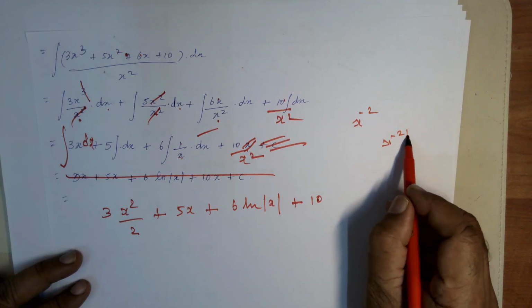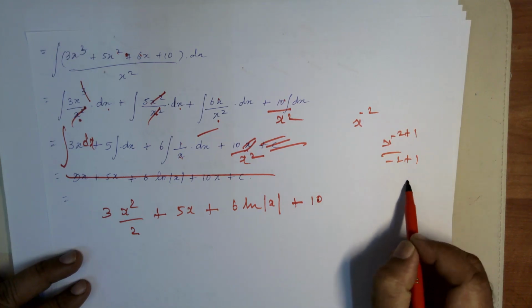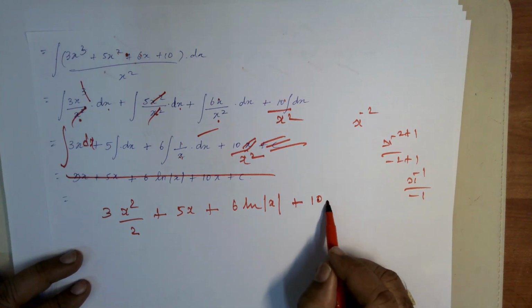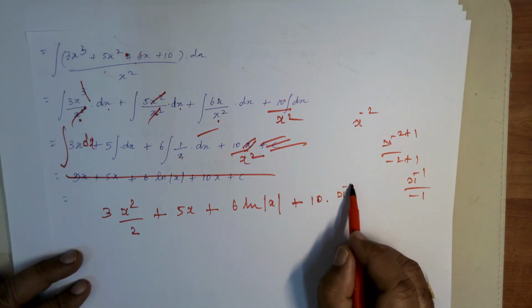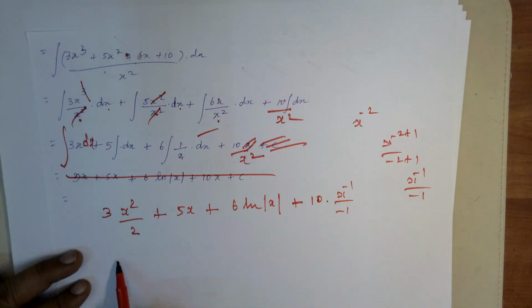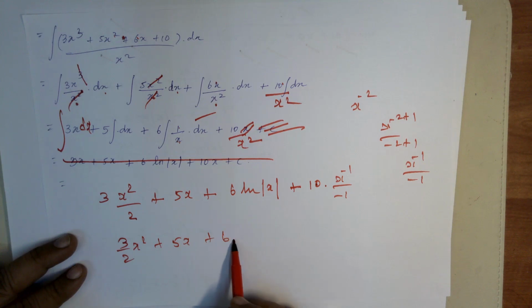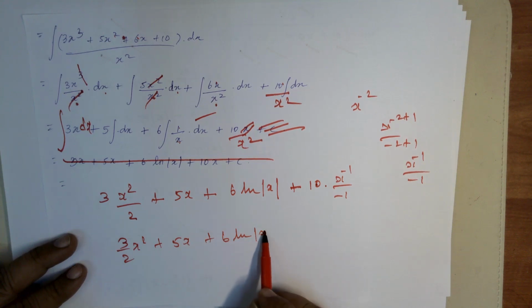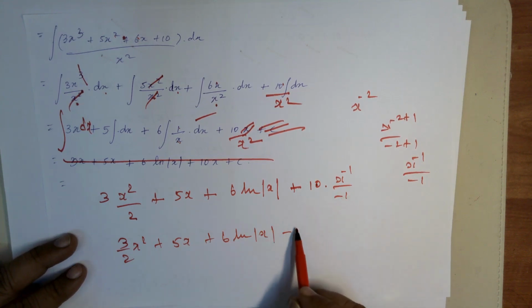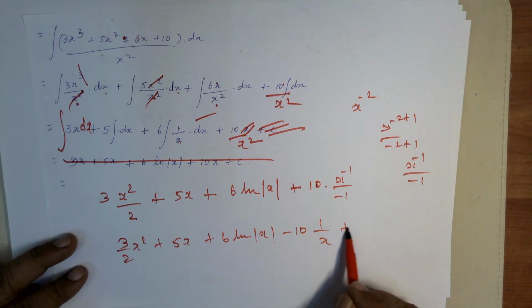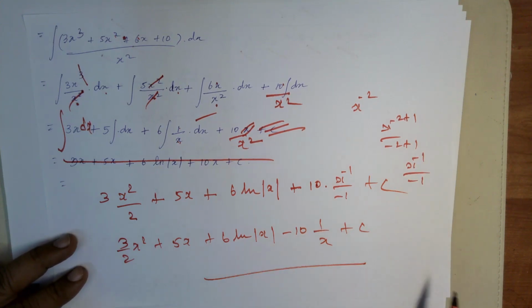So x power minus 2 plus 1 divided by minus 2 plus 1 means x power minus 1 divided by minus 1. So 10 into x power minus 1 divided by minus 1. So it means 3 by 2 x squared plus 5x plus 6 natural log modulus x minus 10 by x plus c. Okay. Good.